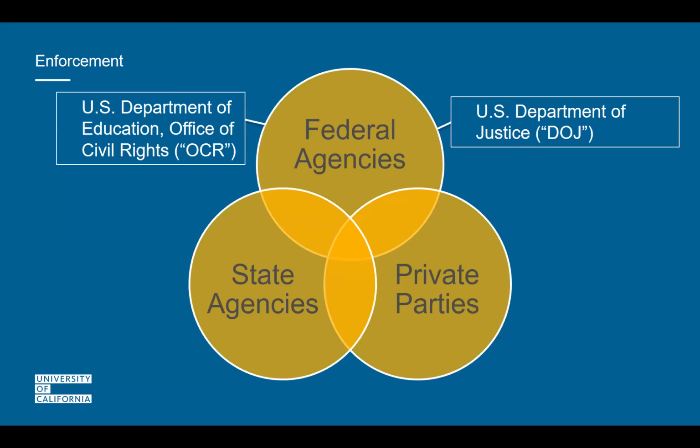And then the Department of Justice, or DOJ, is another federal agency that enforces these laws and similarly can conduct investigations, file lawsuits, enter into settlements. Then there are also state level regulators that perform analogous roles here in California. And then finally, under the relevant laws, or many of the laws, individuals can also file lawsuits against a university related to electronic accessibility.